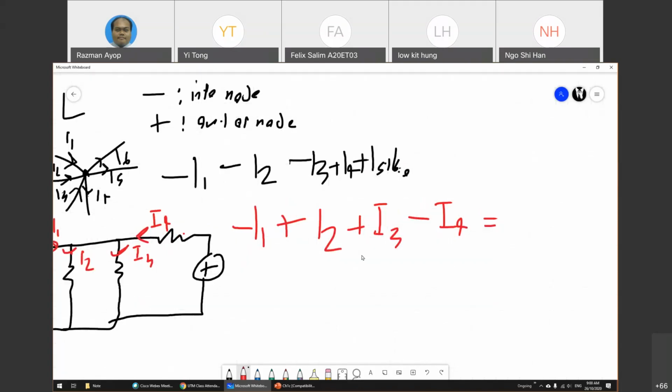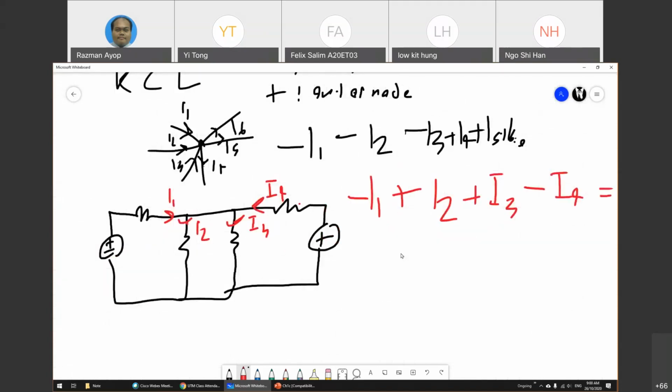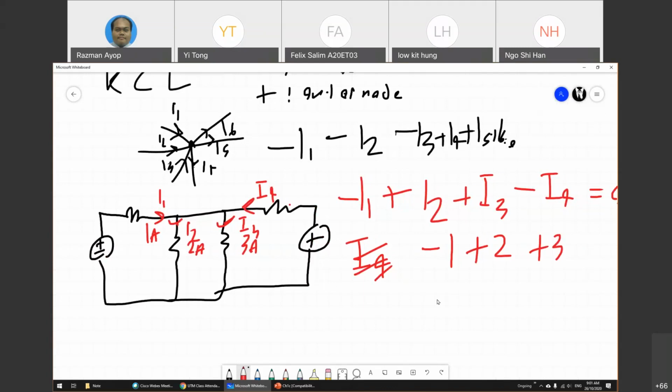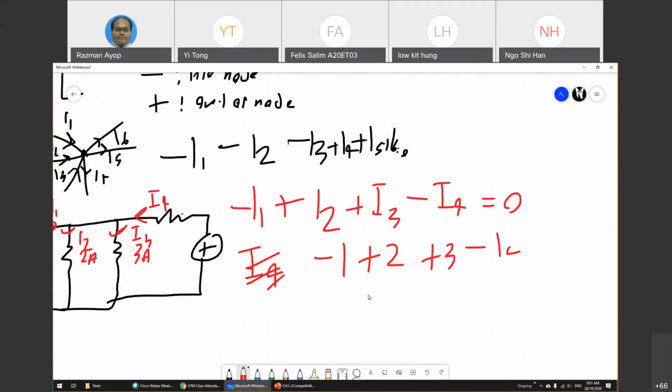So you get 0. Okay, for example, said that this is 1 ampere, 2 ampere. So what is the value of this? So if you rewrite again, -1 plus 2 plus 3 minus I4 equals to 0.